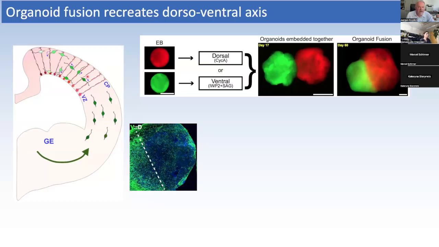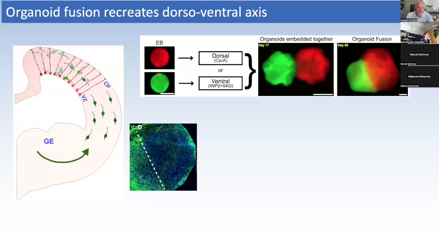And so the way we have recapitulated this, and it's also the lab of Sergio Pasca that has developed this method at the same time, is we generate a dorsal organoid by using the hedgehog inhibitor cyclopamine A, or a ventral organoid that's generated by using a Wnt inhibitor, IWP2, and an agonist for the sonic hedgehog pathway.